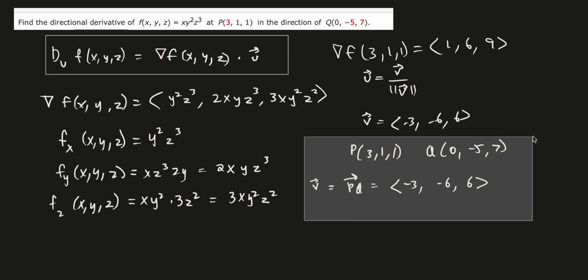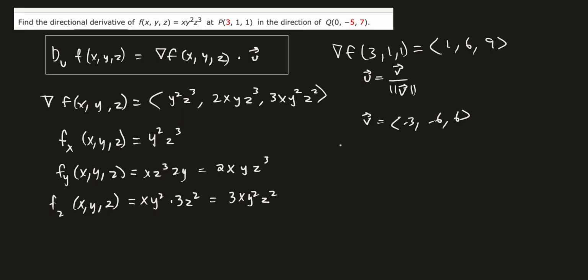That's pretty much it. We can find the vector u by taking, of course, this formula, so it's negative 3, negative 6, 6 divided by its magnitude. The magnitude of vector v is the square root of 9 plus 36 plus 36, which is, let's see, 36 times 2 plus 9.